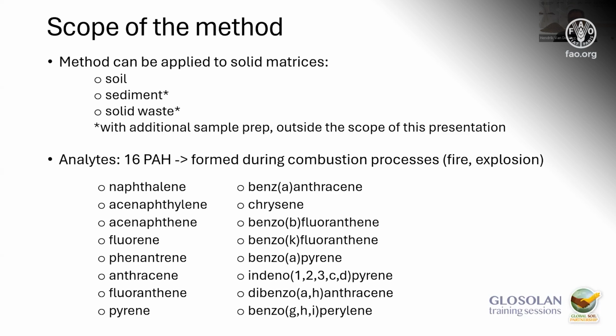I will limit the presentation to the analysis of soil. The components that are analyzed are the so-called 16 EPA polycyclic aromatic hydrocarbons. These are the most important PAHs that are formed during combustion processes, like fire or explosions.